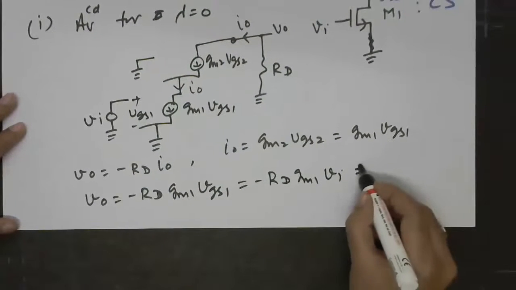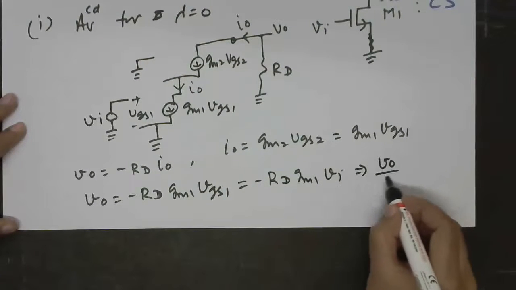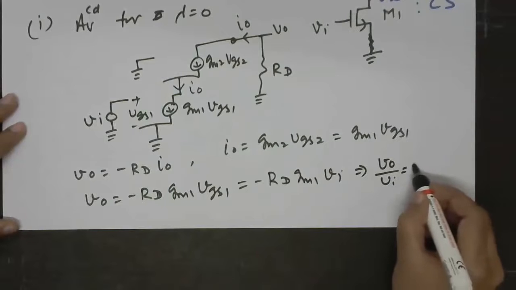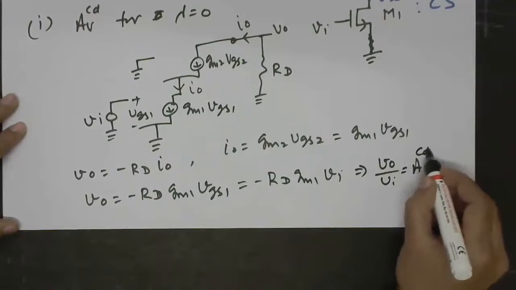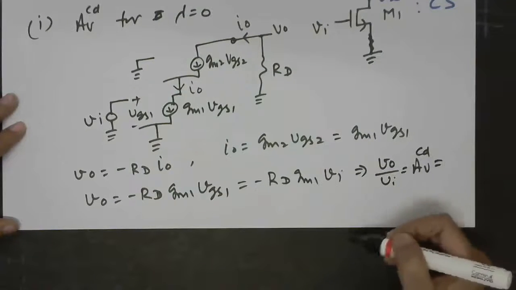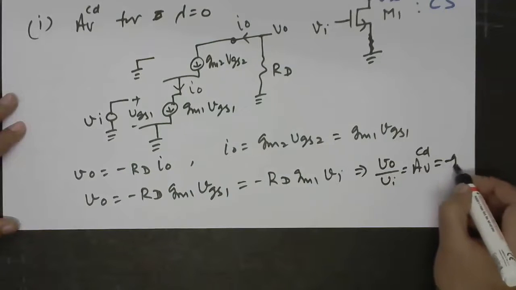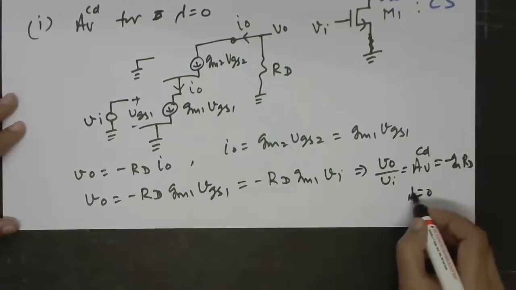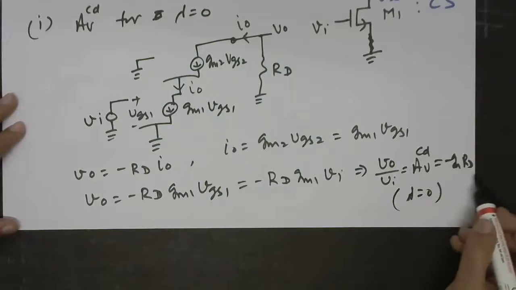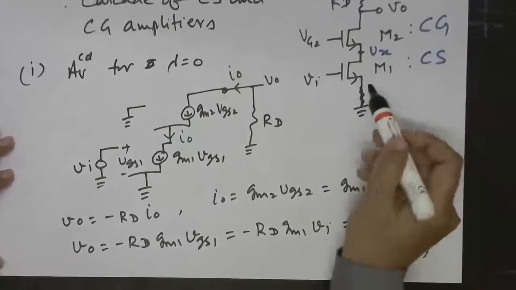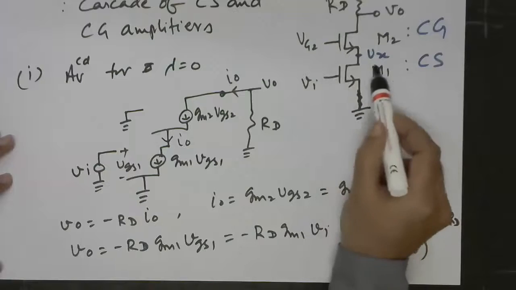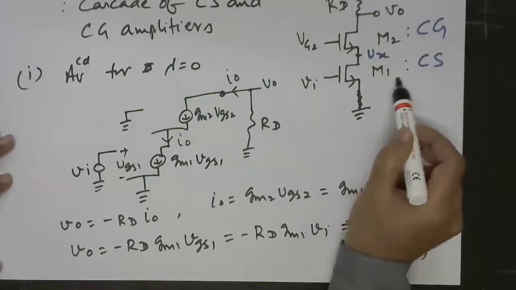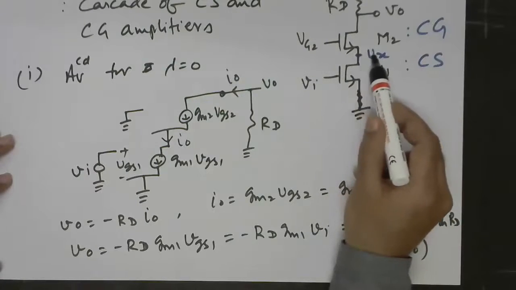So you can see that voltage gain for cascode with lambda equal to 0 is minus Gm RD. So we see that this is the same as the voltage gain that you would have obtained from a single transistor common source configuration if you take output from here.